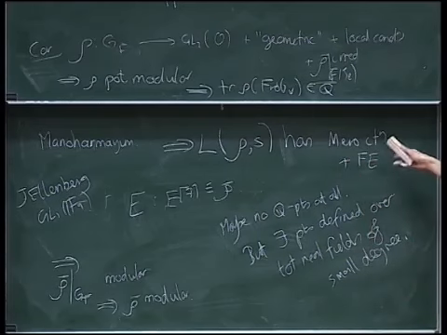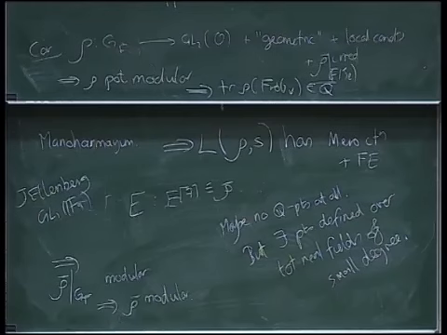That wasn't known at all, right? Take an elliptic curve over a totally real field. I don't think the L function of the elliptic curve was known to have meromorphic continuation before this.